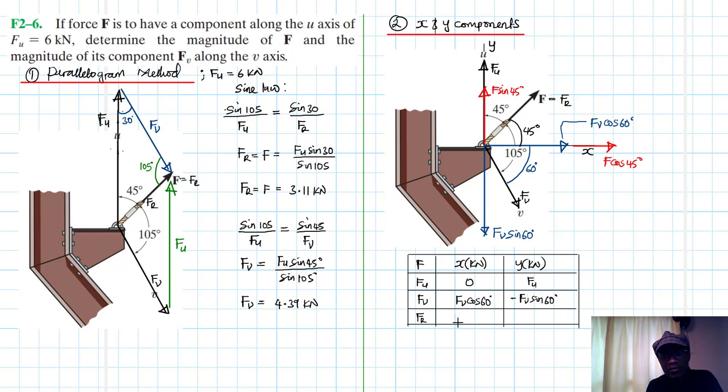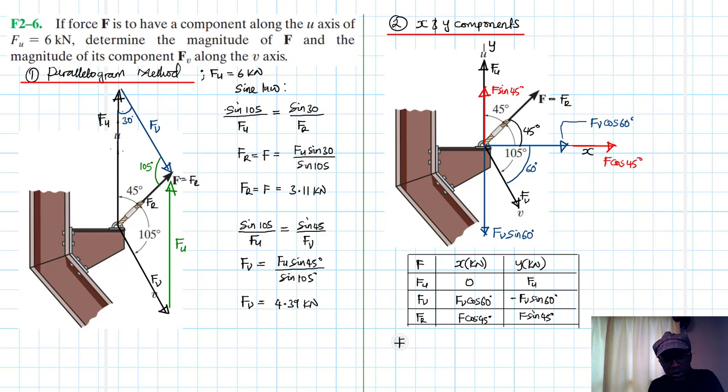And then Fr along the x-axis is just F cos 45, and along the y-axis it is F sine 45. So we have everything.